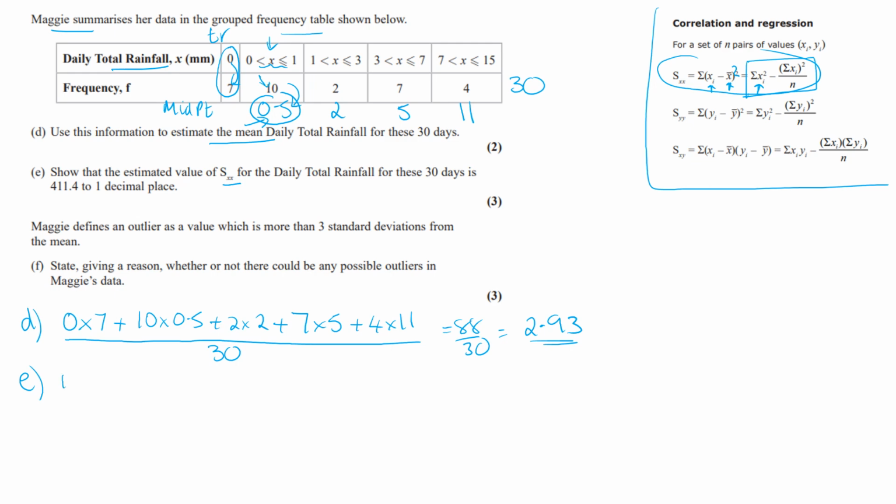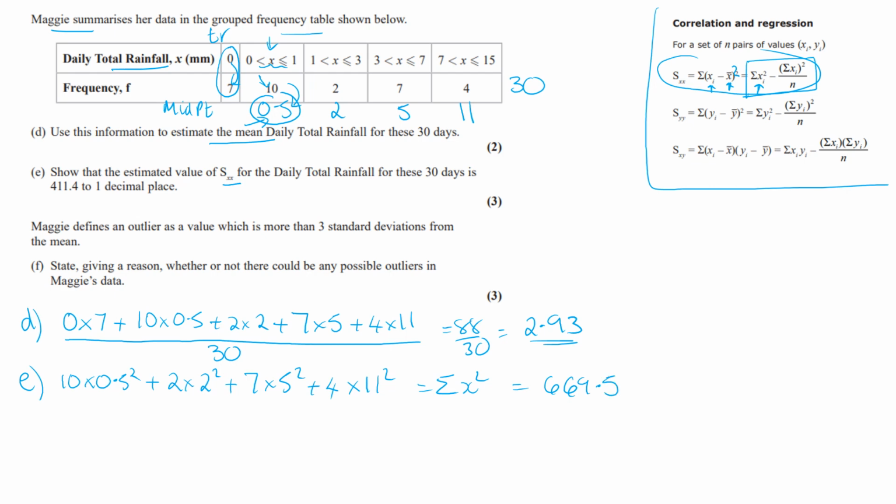So you need to do 10 times 0.5 squared plus 2 times 2 squared plus 7 times 5 squared plus 4 times 11 squared. That will give you the sum of the squares, and that comes to 669.5.